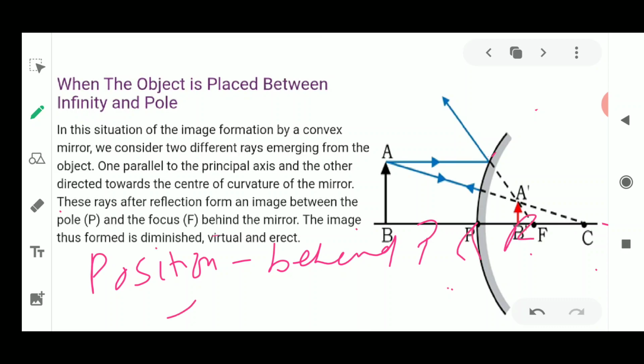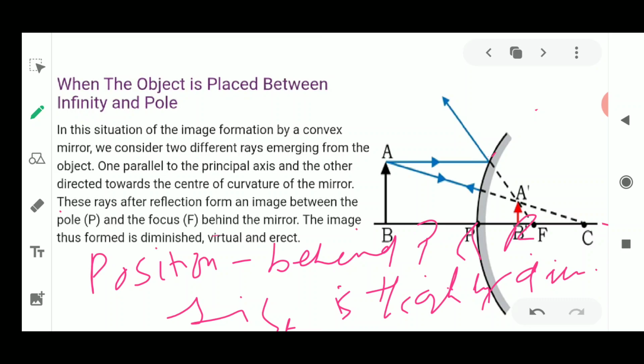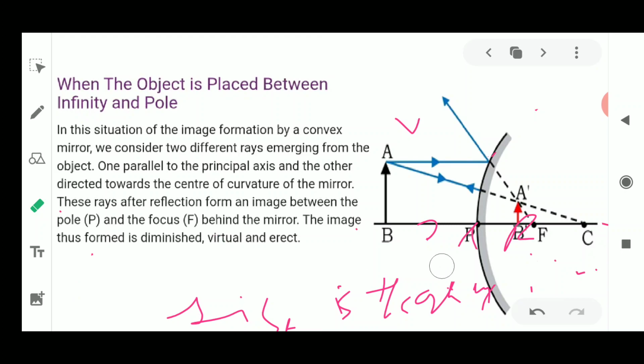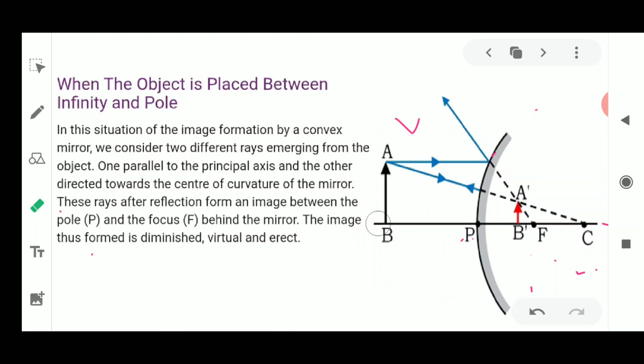What is the size of the image? Size is highly diminished. And the nature is always virtual and erect. So this is how we form the images formed by the convex mirror.